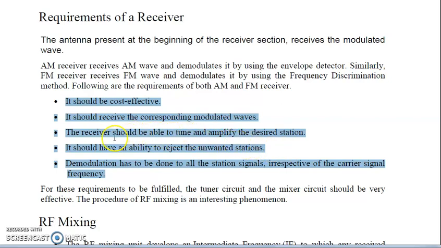So a general receiver should be such that it can tune and amplify the desired station. And it should have the ability to reject the unwanted stations, because if there is noise, then the receiver set will be of no use. So the rejection process is a very necessary part of the receiver.